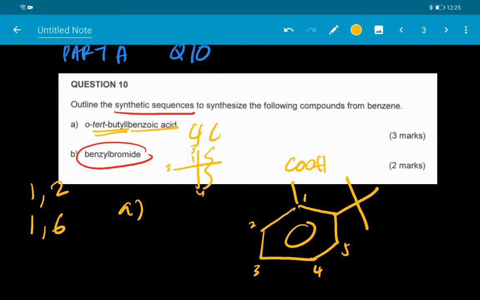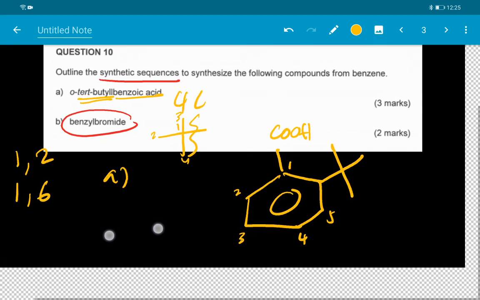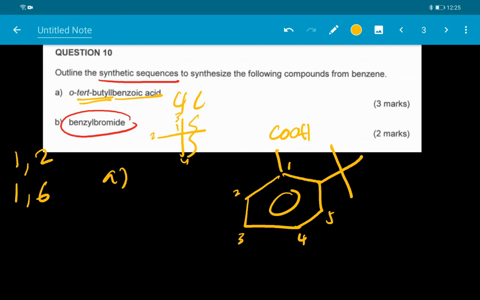We can also put it at carbon number 2, so that it becomes ortho tertiary butyl benzoic acid. Okay, this is for A.